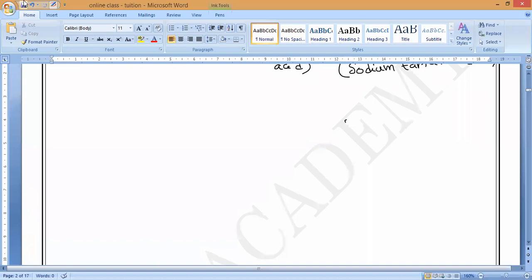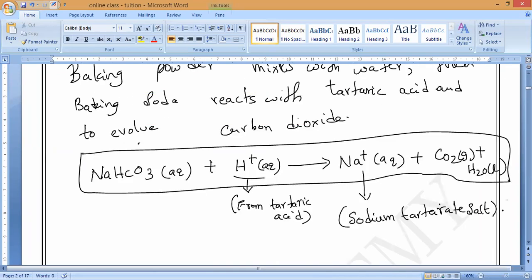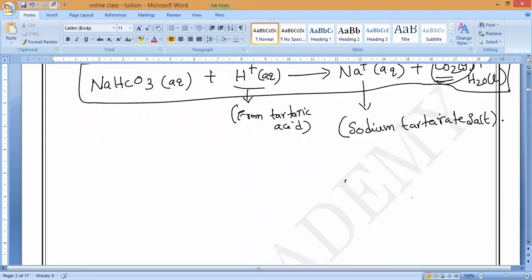The carbon dioxide gas produced in this reaction gets trapped in the wet dough and bubbles out slowly. If you keep dosa batter or dough overnight, by morning it starts swelling and its size increases.